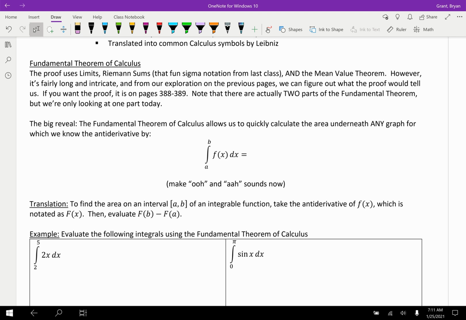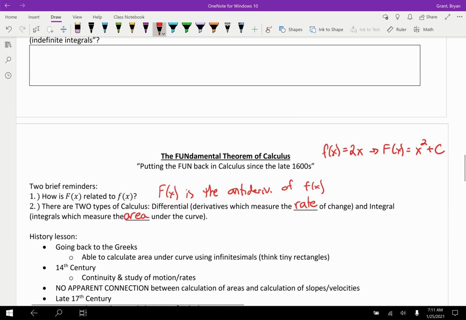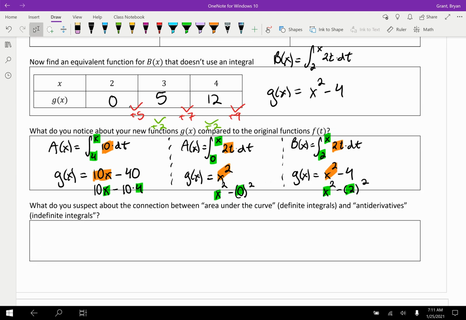The Fundamental Theorem of Calculus allows us to quickly calculate the area underneath any graph, disclaimer, for which we know the antiderivative. Look, we're bringing antiderivatives back into area, and we do this by, instead of drawing a graph of lowercase f of x, we take the antiderivative of f of x, and then, well, can we figure it out just based on what we did over here?